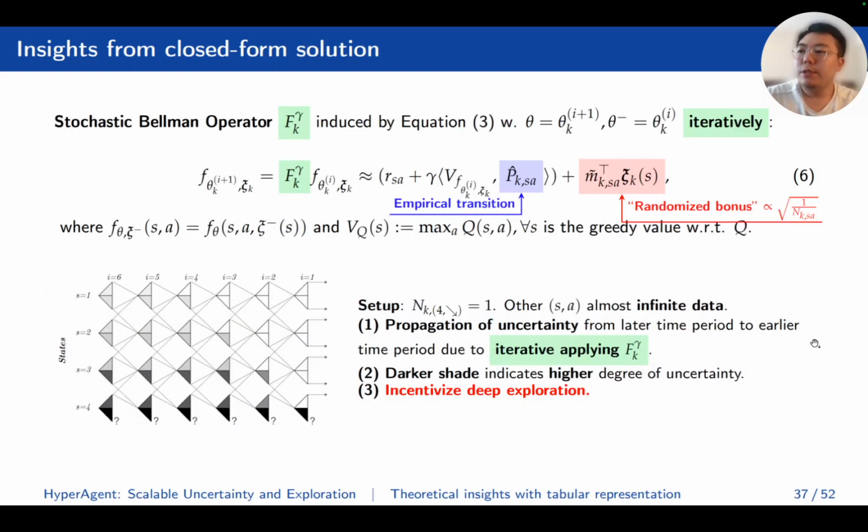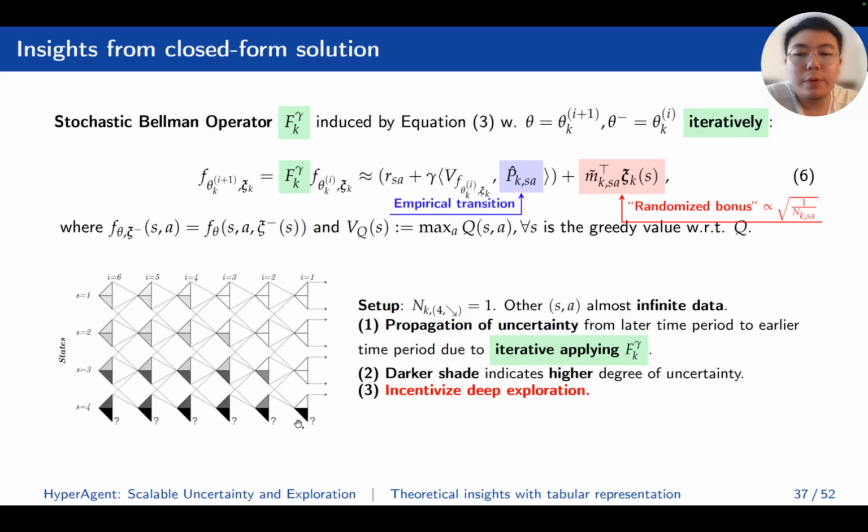So the HyperAgent algorithm also induces a stochastic Bellman operator that backpropagates the noise, a kind of randomized bonus, into the initial state.